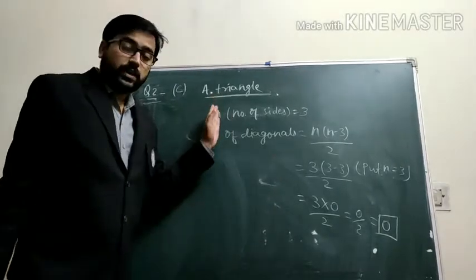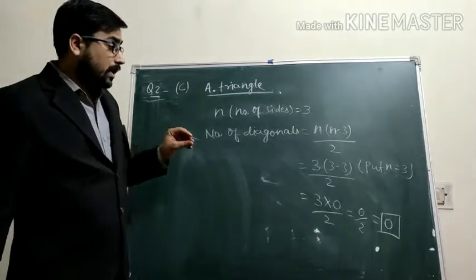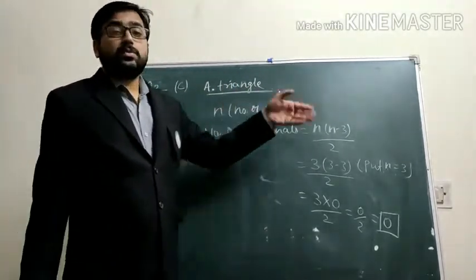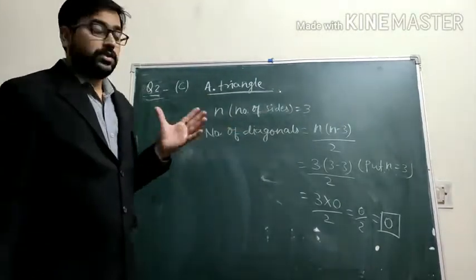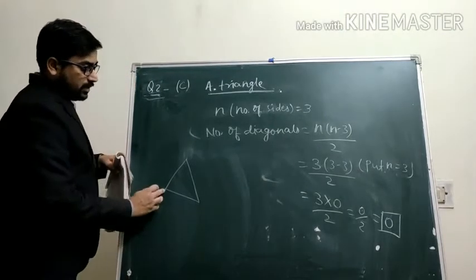यहीं से पता चल रहा है कि ट्रायंगल में कोई भी डायगोनल नहीं होते, और डेफिनेशन से भी पता है आपको व्हाट इज डायगोनल। A line segment joining non-consecutive vertices of a polygon. Non-consecutive vertices ट्रायंगल में होते ही नहीं है। Non-consecutive vertices किसको बोलते हैं?